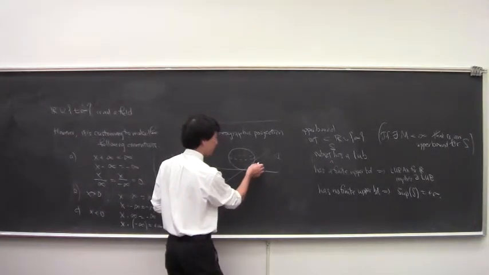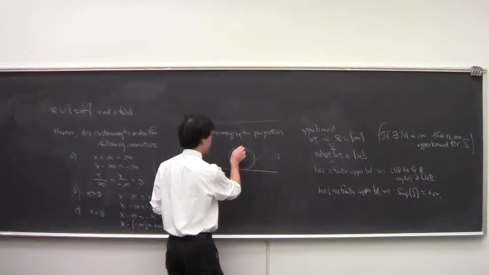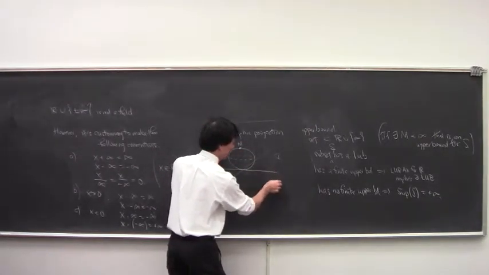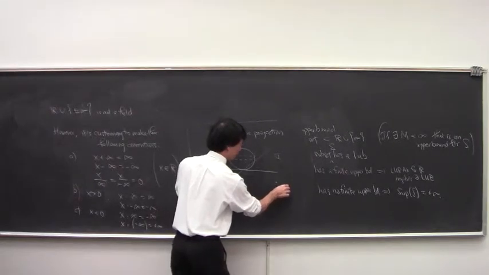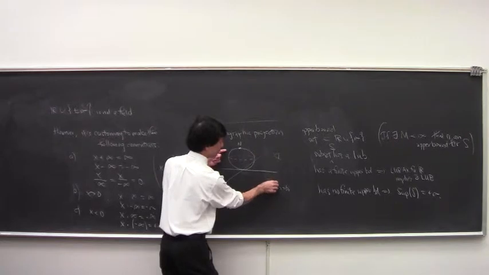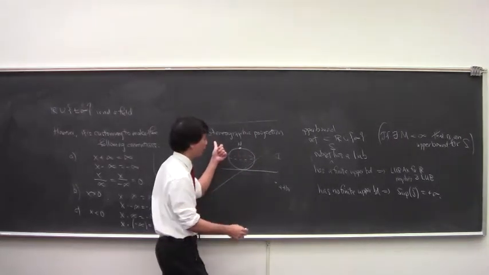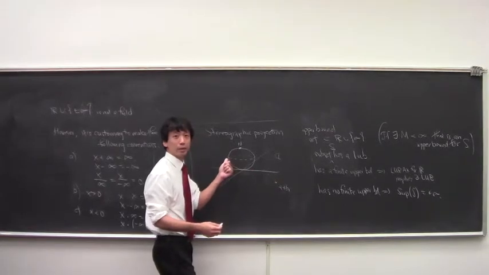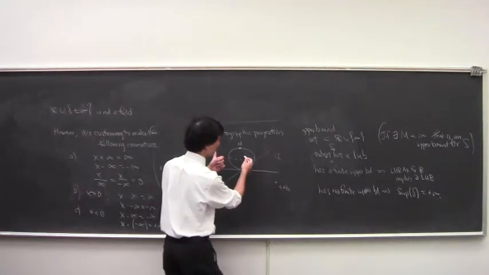So here's my North Pole. For every point a plus bi in the complex plane, I'm going to draw a line to the North Pole, and I'm going to see where this line intersects my sphere.